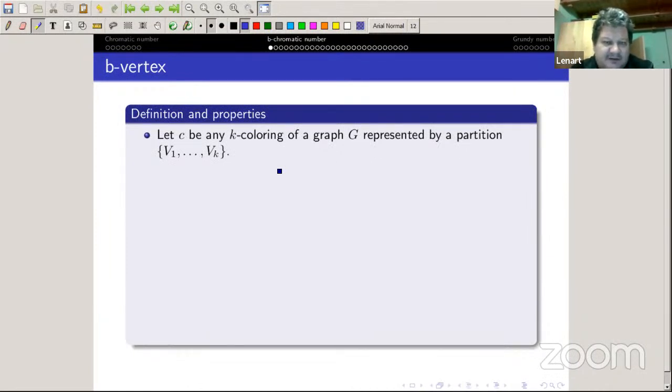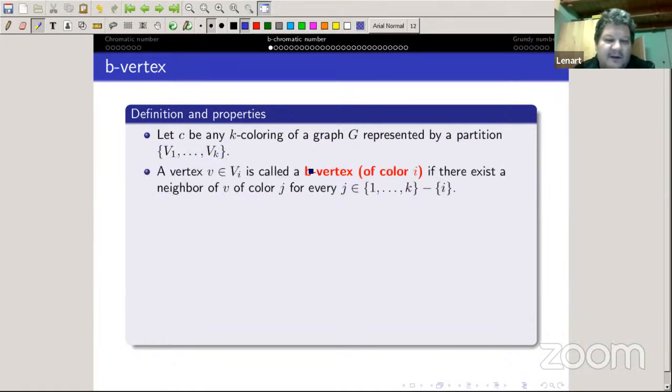Let us start with a definition of b-vertex. Suppose that we have some coloring C of graph G, represented by the partition V1 to Vk. We call a vertex V from Vi a b-vertex of color i if there exists a neighbor of V of color j for every j which is different than i.